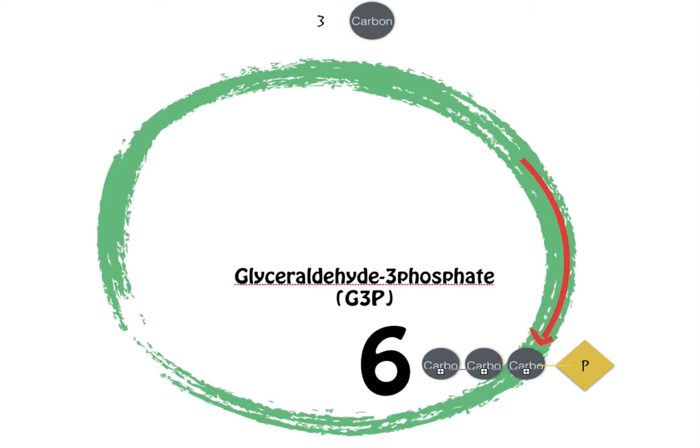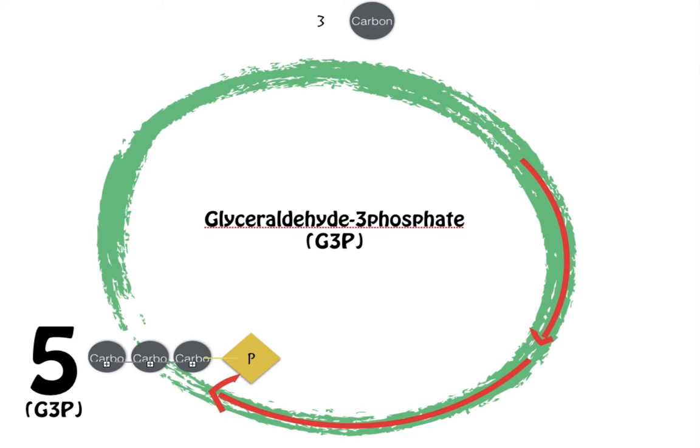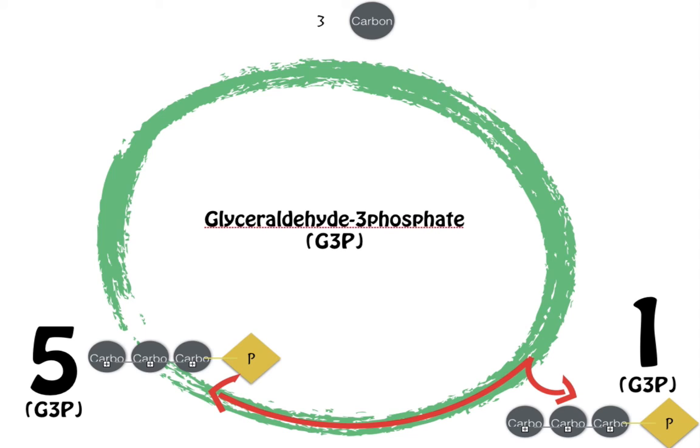Big 6. Now, this is where it gets interesting, because 5 of these molecules that have all of this energy continue on in the Calvin cycle, and only one of them breaks off.